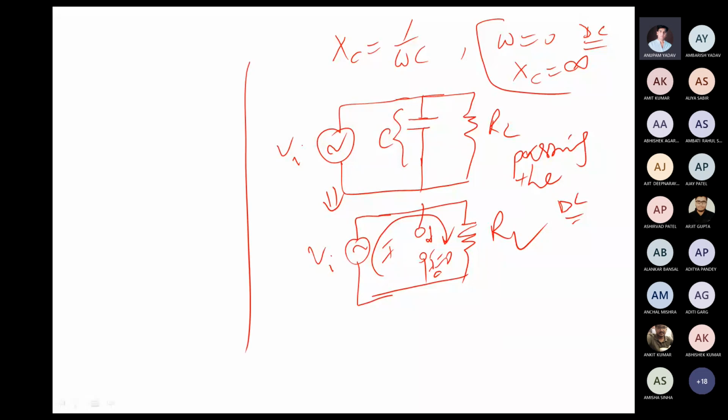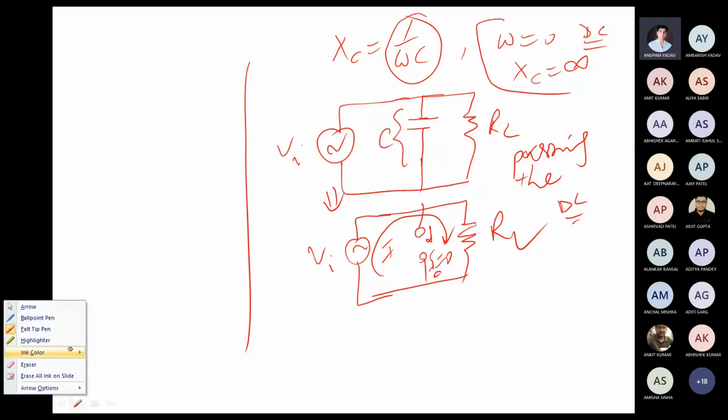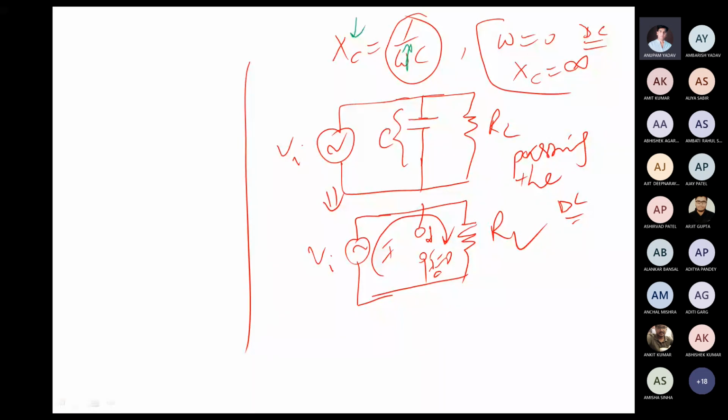Now suppose we have an AC signal, with a frequency associated with the input signal. Then the capacitor impedance will have smaller values. As you can see, if omega is increased in this case, then XC is going to decrease. So here we shall have this kind of equivalent circuit.